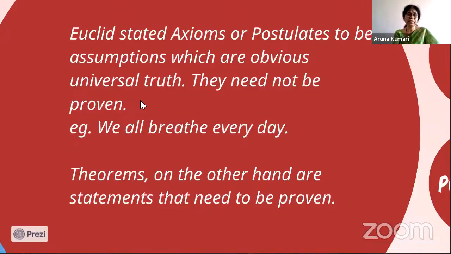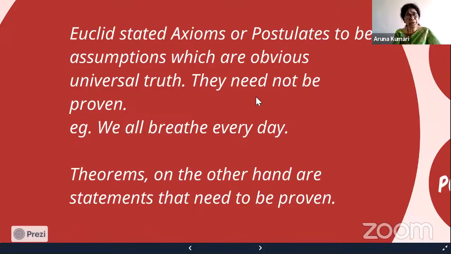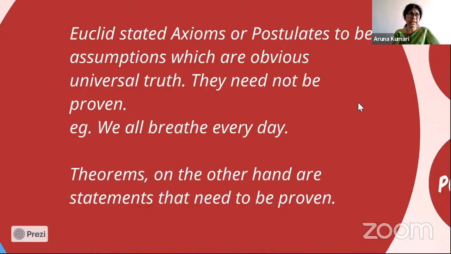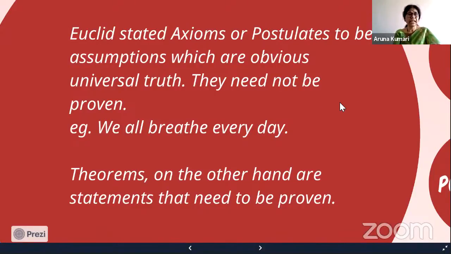Of course, not all the time, but we can say that the sky is blue. Like that, every human being has two hands and two legs. That is nothing but a universal truth. No need to tell. Then what is a postulate?